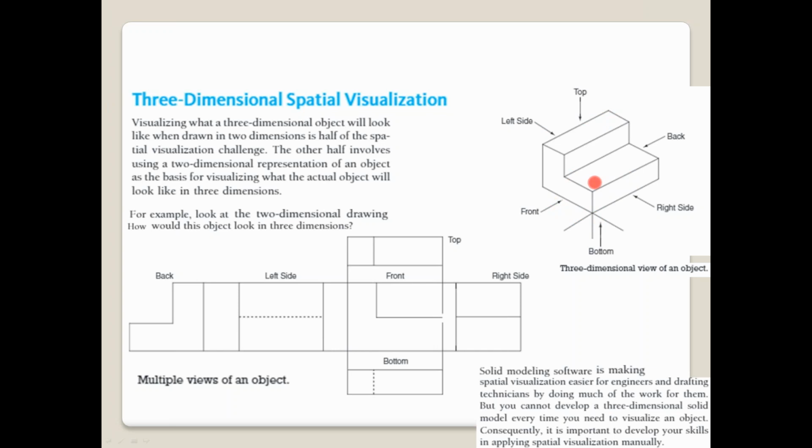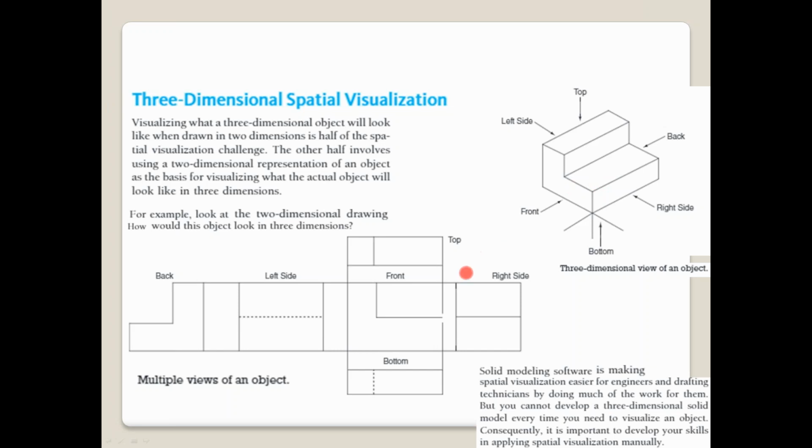This visualization, what a three-dimensional object will look like when drawn in two dimensions, is half of the spatial visualization challenge. The other half involves using a two-dimensional representation of an object as the basis for visualizing what the actual object will look like in three dimensions.